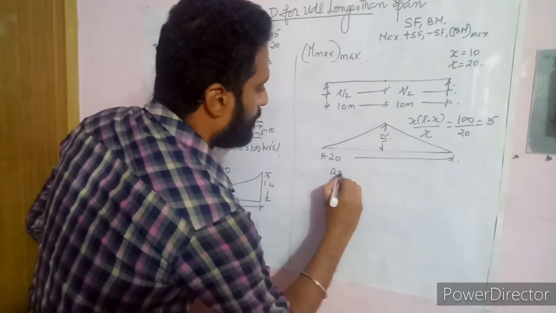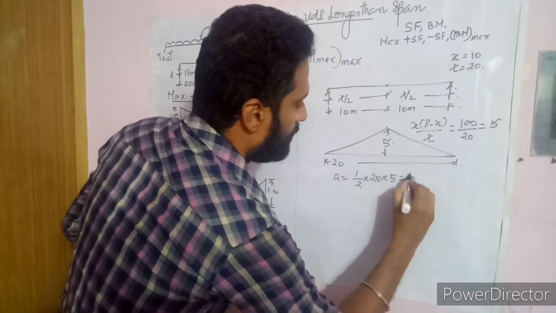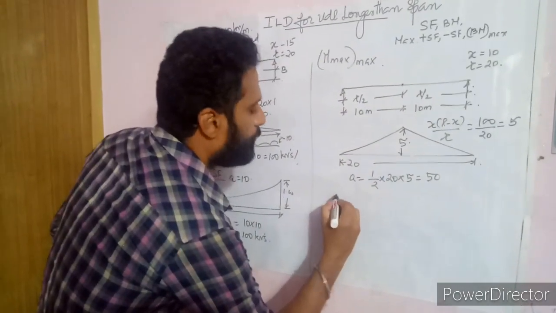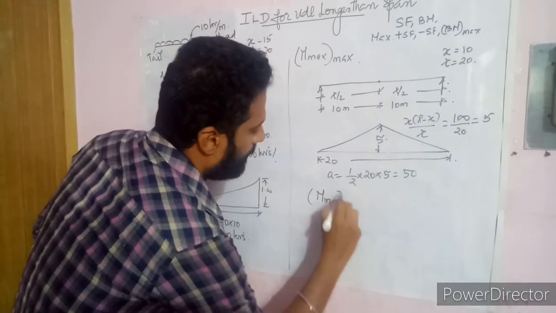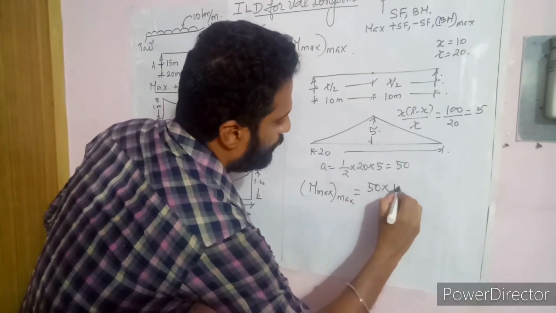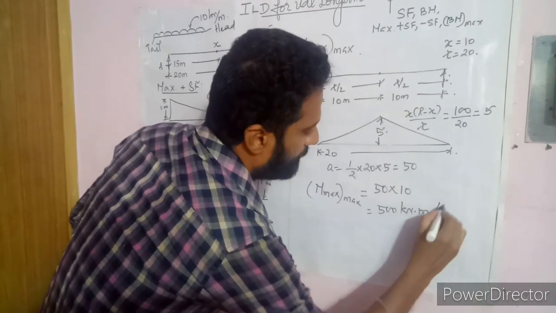The area is half base into height, which is 50. The absolute maximum bending moment is area into intensity, which is 50 into 10, which is 500 kilonewton meter.